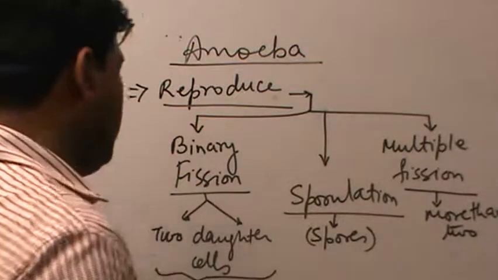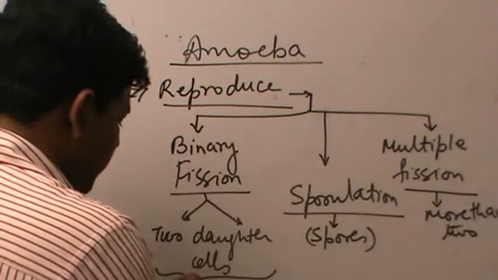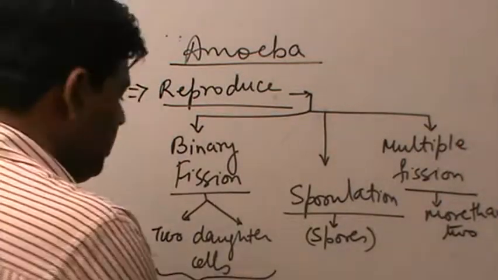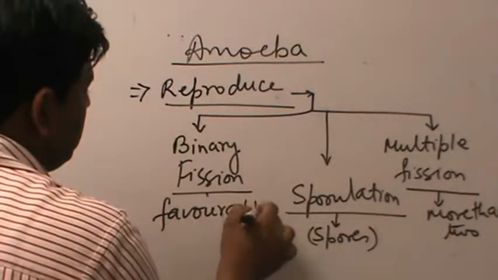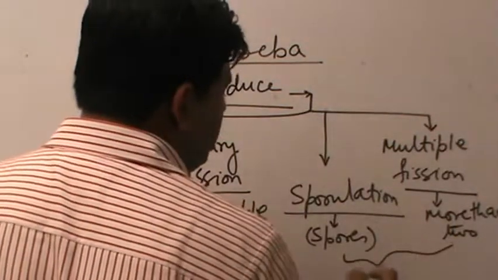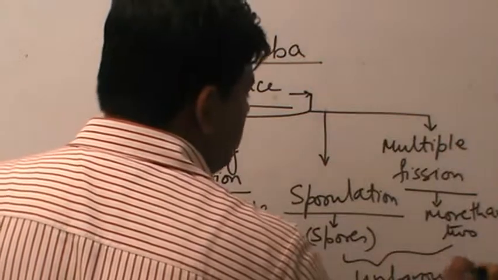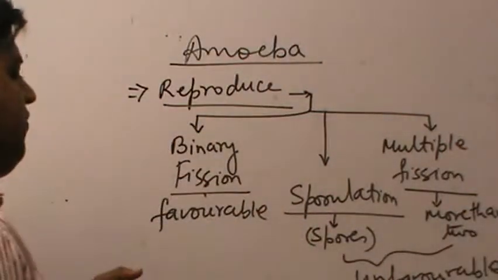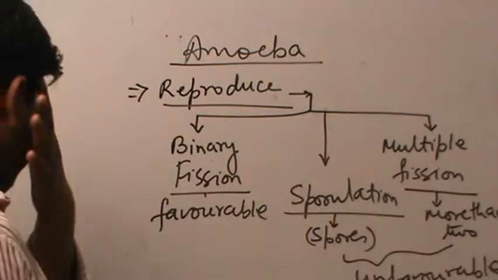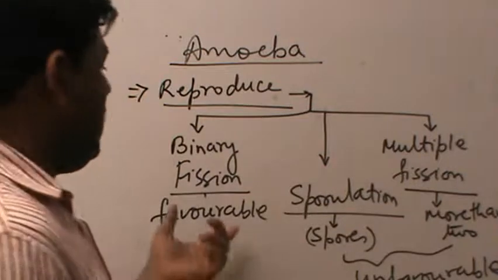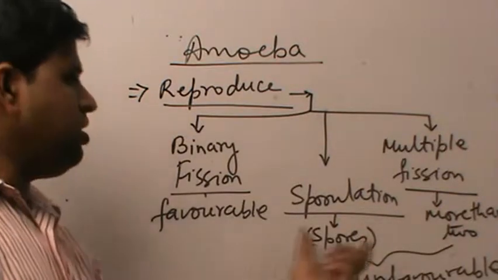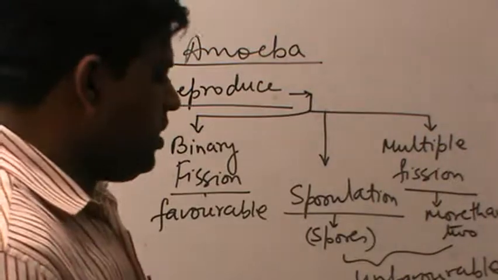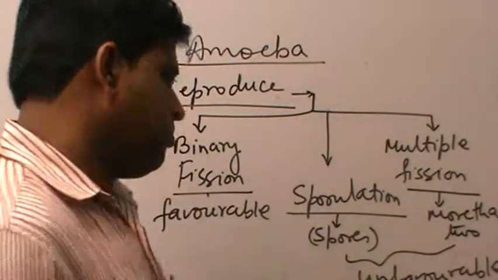But one thing should be kept in mind, that binary fission takes place during favorable condition, and sporulation and multiple fission take place during unfavorable condition.